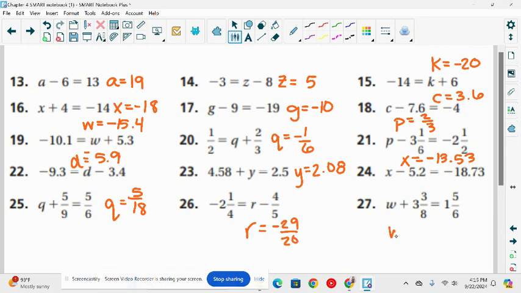And then W equals -37/24. Okay, so that's what you should have gotten for those.